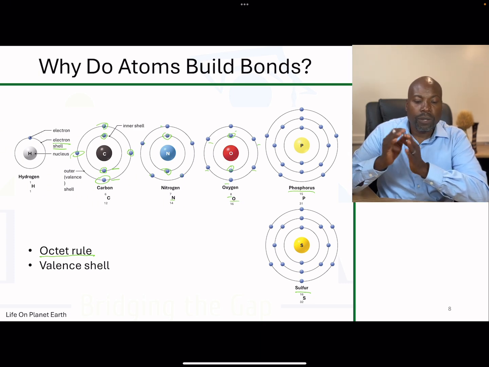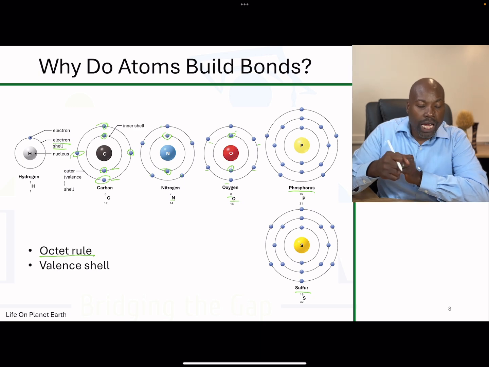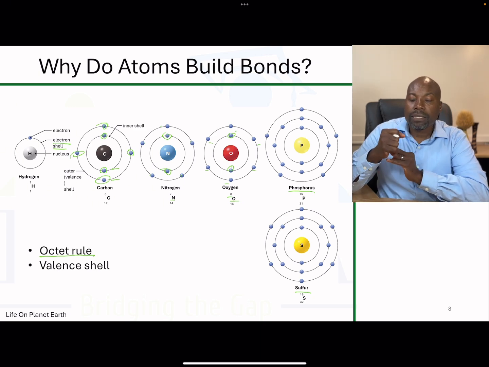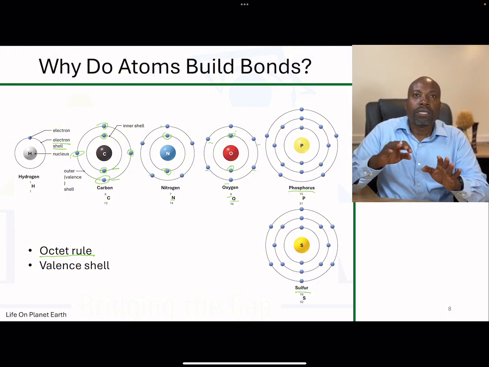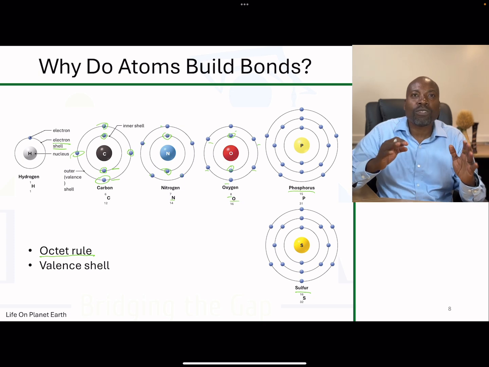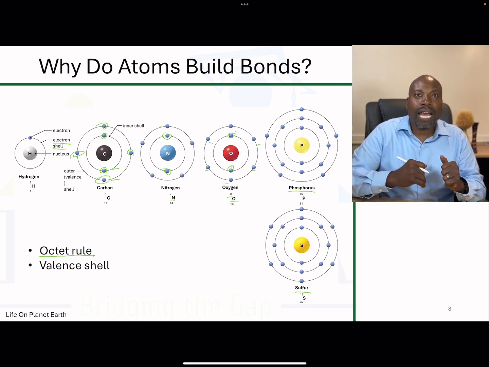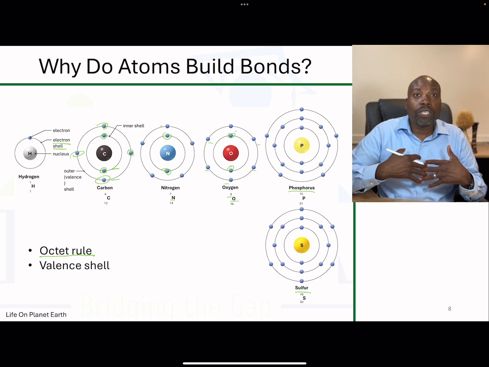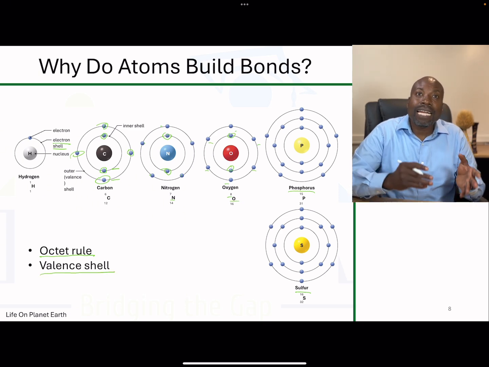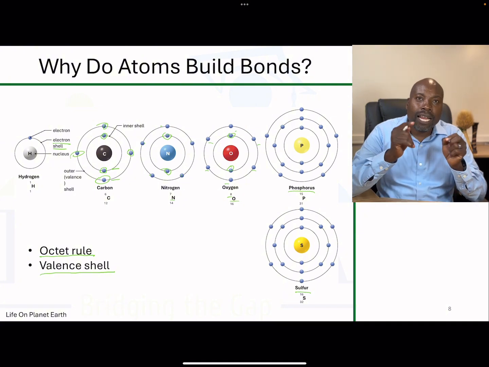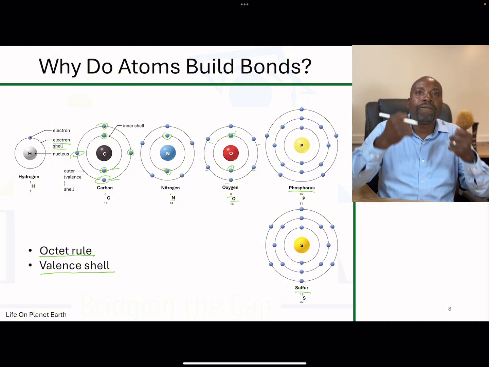But carbon, oxygen, nitrogen, phosphorus, sulfur, hydrogen, they all don't have their outermost electron shell filled, so that they are going to have what we call valence shell. A valence shell, it's a shell that needs to be filled.